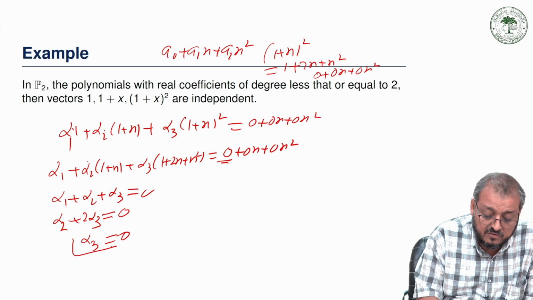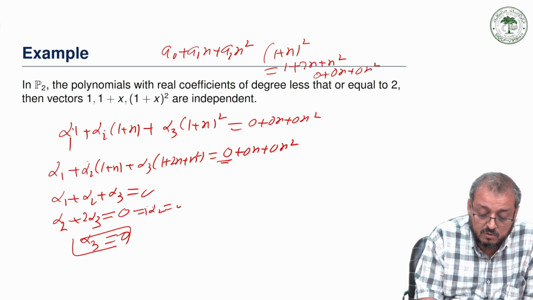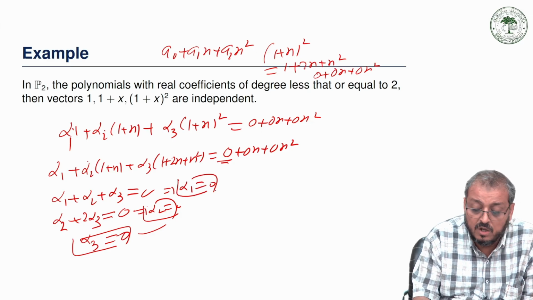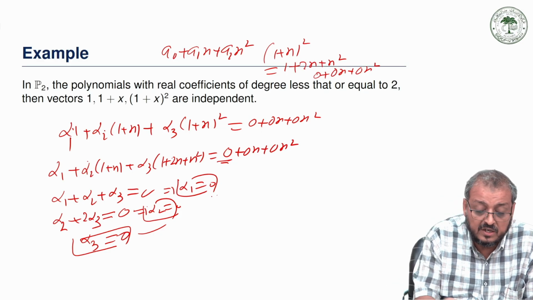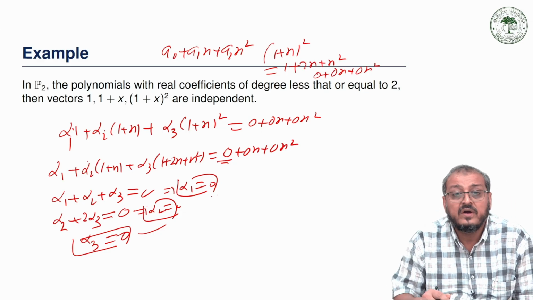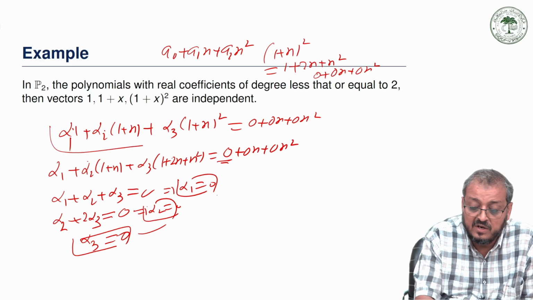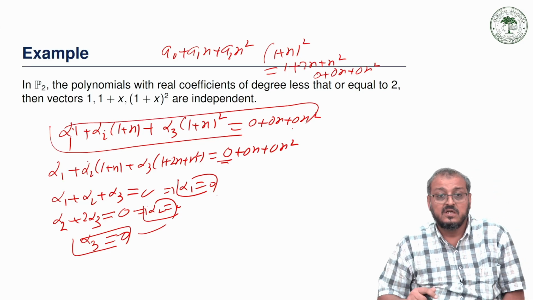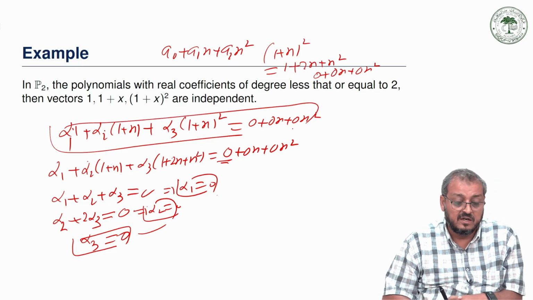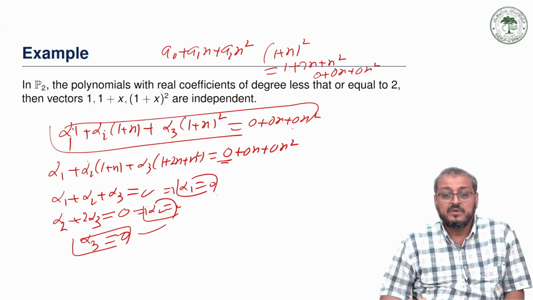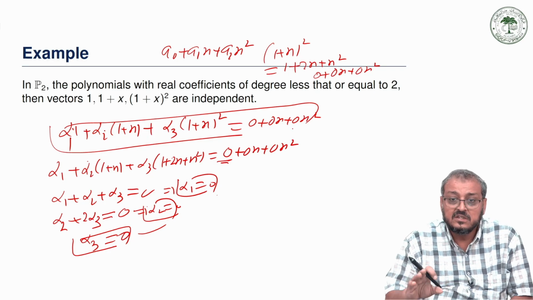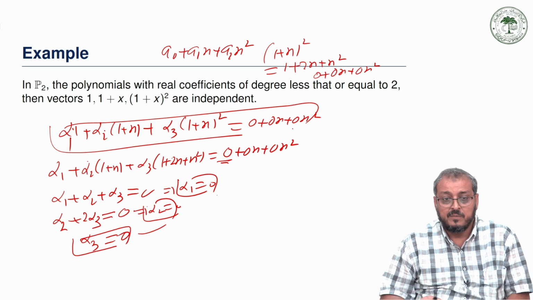This gives alpha 2 is equal to 0, and by these two, alpha 1 is equal to 0. So the linear combination is a trivial linear combination, and we can say that these vectors are linearly independent.